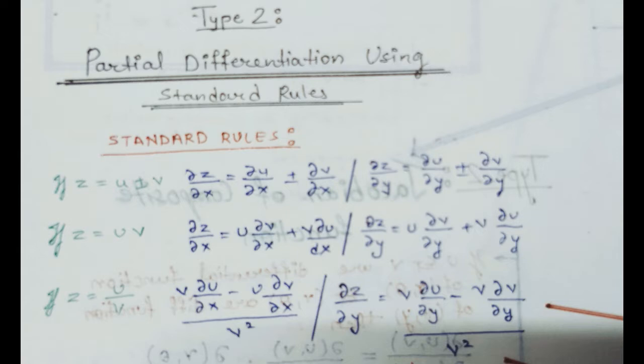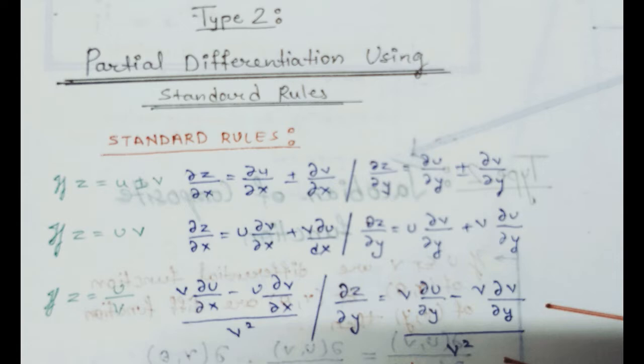We will be implementing these standard rules in the four subtypes of standard rules, which are based on algebraic expressions, first order of a function, second order derivative of a function, and Laplace equations.